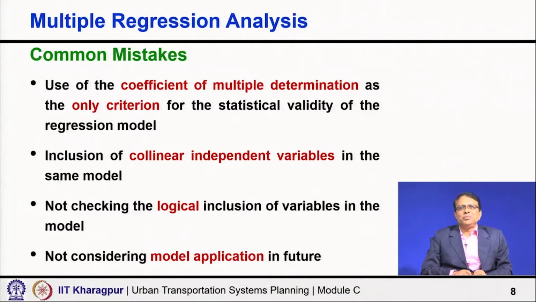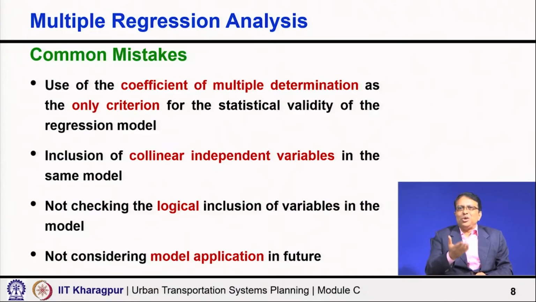Third, not checking the logical inclusion of variables in the model. Students often make this mistake. They are so enthusiastic about developing an equation that any data they get, they include everything and try to fit a model without even bothering what that data is, what that column means, or whether there is any logical dependency.